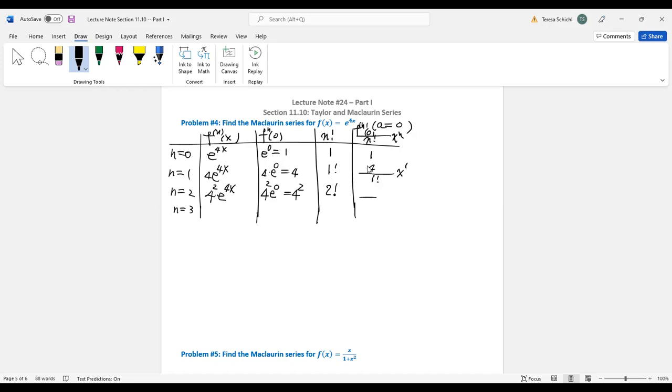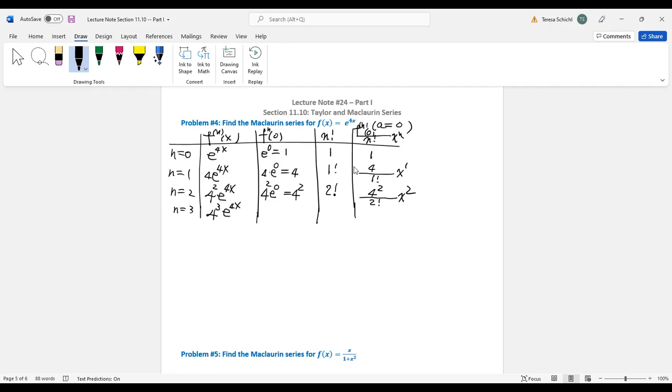So now I plug in here. So this is 4 squared, 2 factorial, x to the 2. Let's do one more just in case. All right, so if you take the third derivative, this is e to the 4x. Then you need to do the chain rule again. So this is 4 cubed.